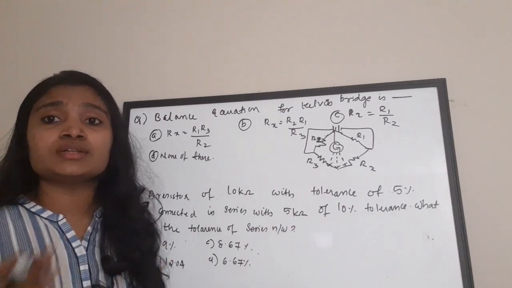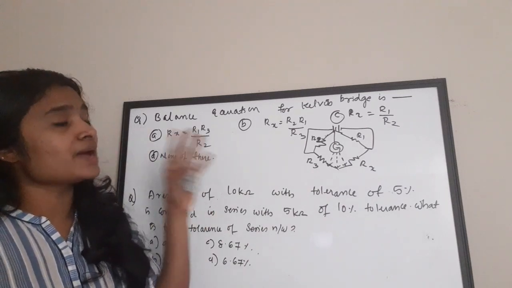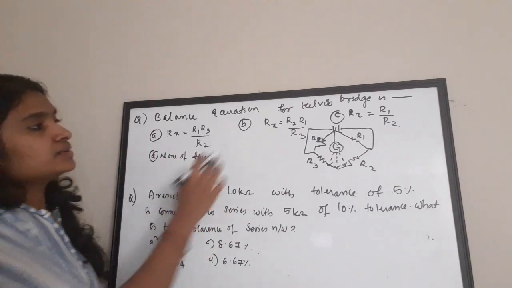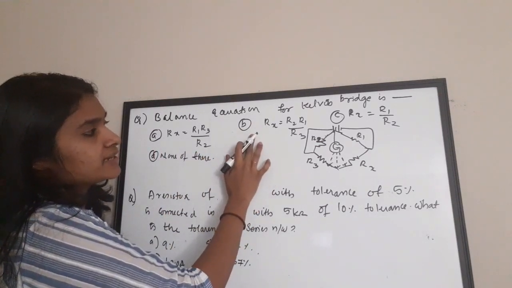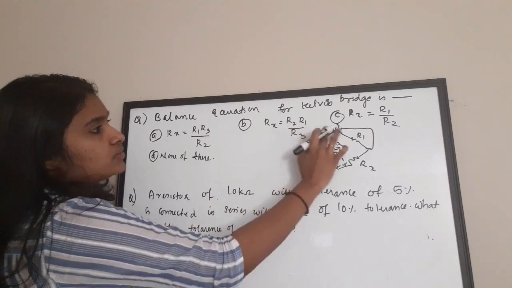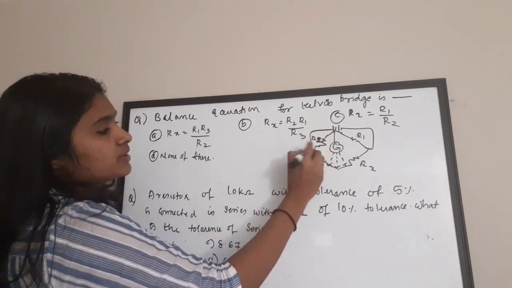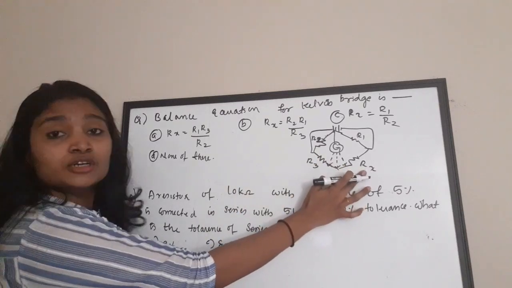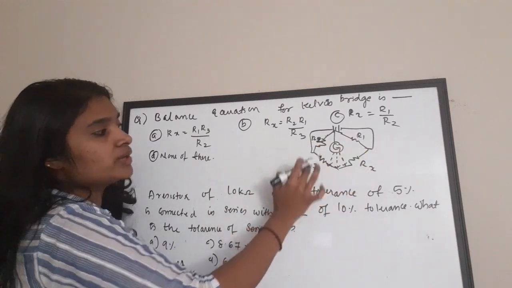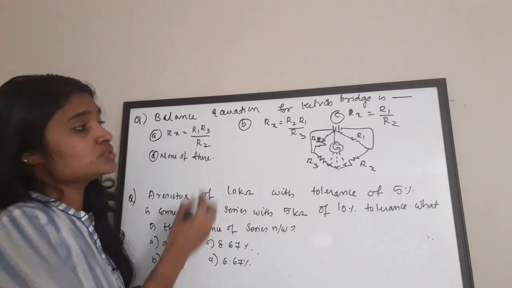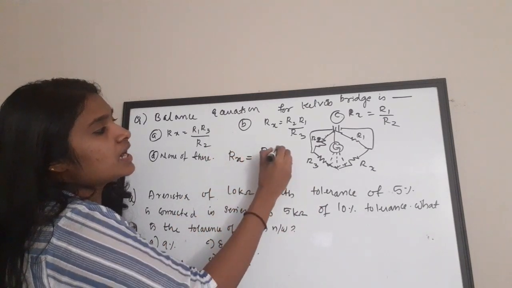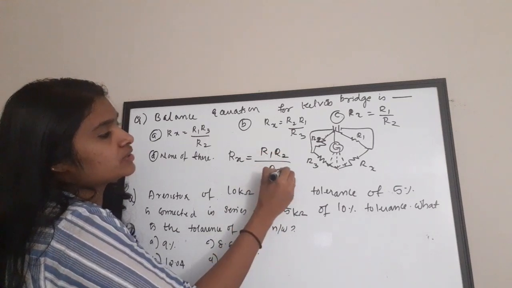Now they are asking what is the bridge balance equation for a Kelvin bridge. Option B is the correct answer. We'll draw it correctly. Rx is the unknown resistance. R1, R2 and R3 are known resistance values. So Rx is equal to R1 R2 by R3.